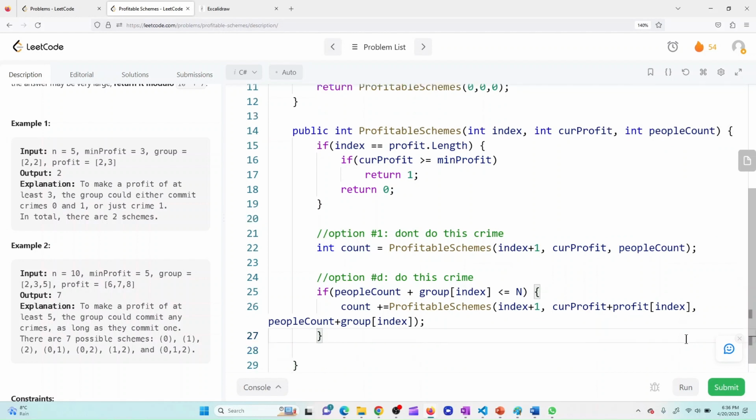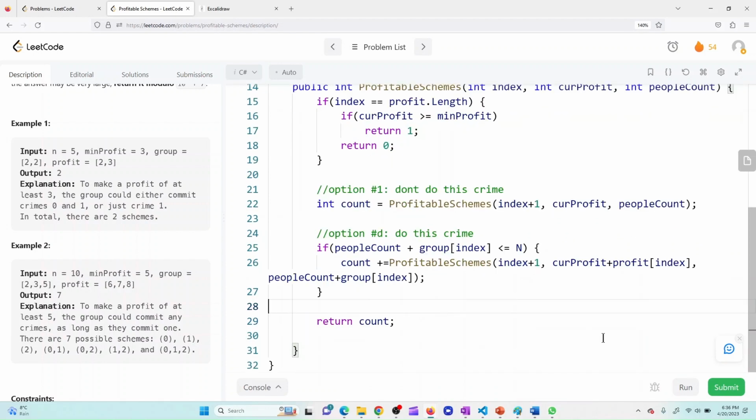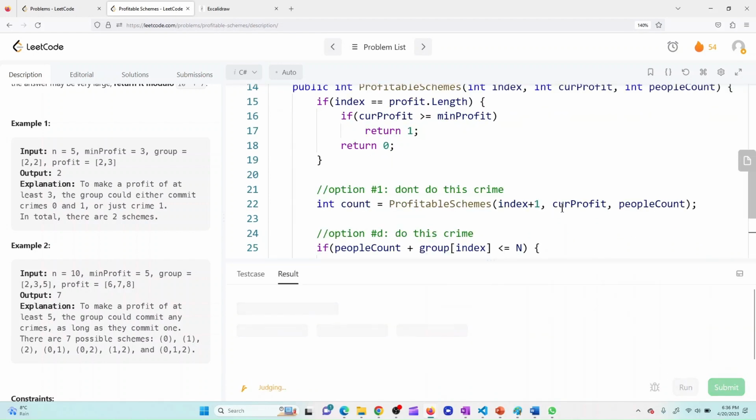And then this is the total, and you return the count from here. All right, sounds good. Run. So this works fine for the smaller cases, but it will definitely fail for a large number of sets. You get TLE basically.